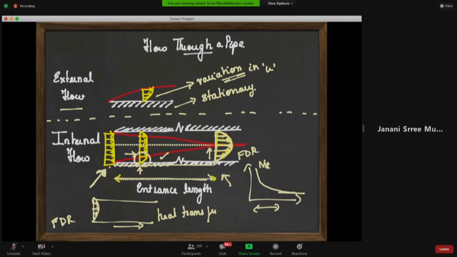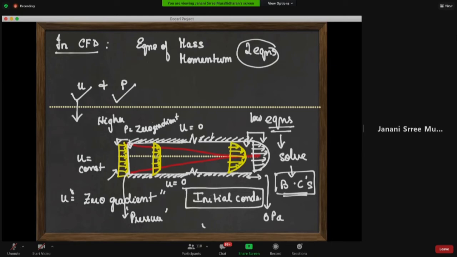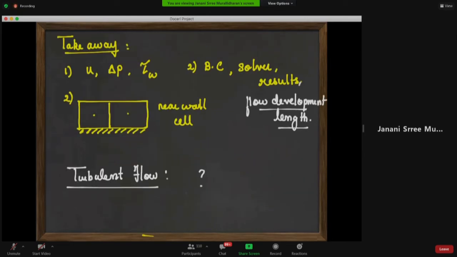Okay. Now, I have mentioned a critical thing here about mesh size and how it is important to capture this velocity profile a little bit more accurately. So I'll just skip this slide and I will come to this part here, okay?